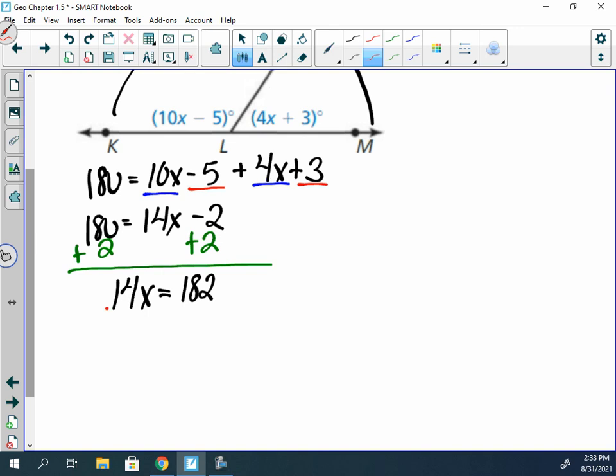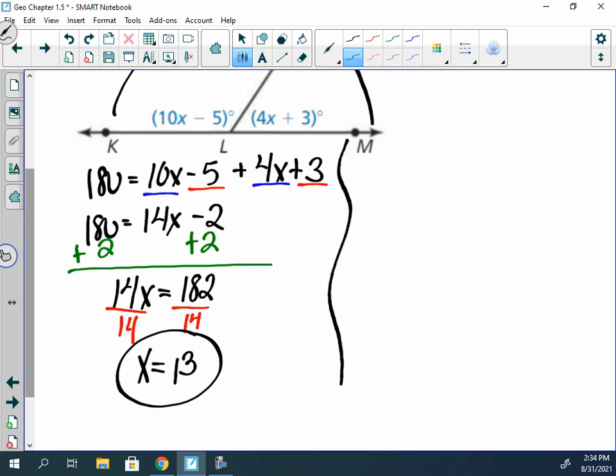And then what can we do? So the value of x is 13. Now, to find out what the actual angles are, we need to plug it back in.